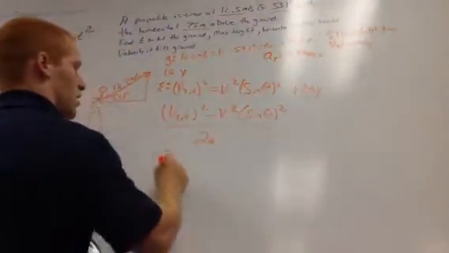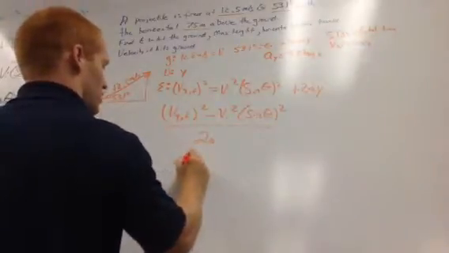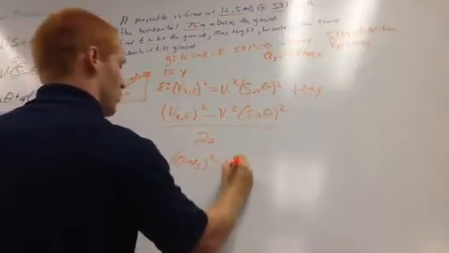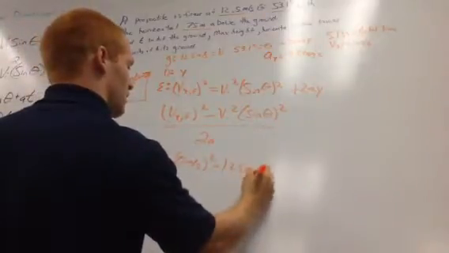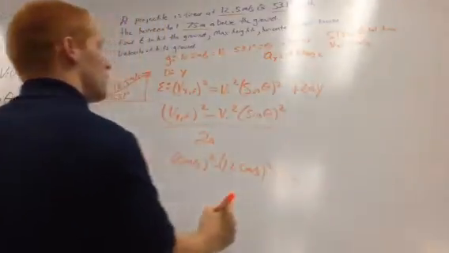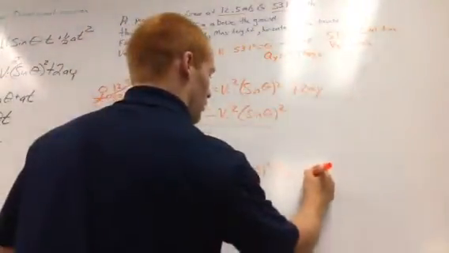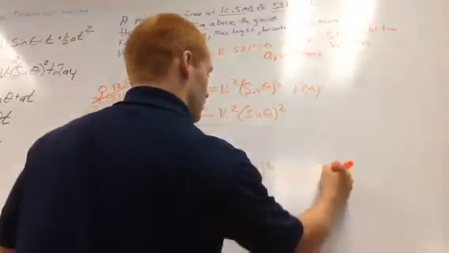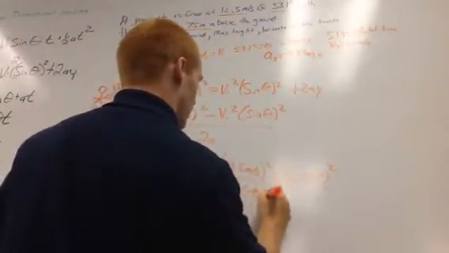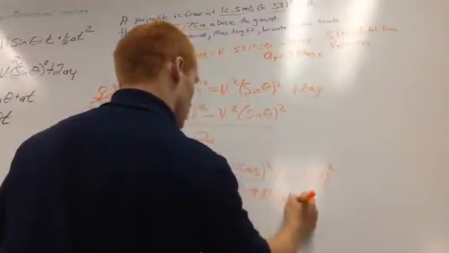From there, we just plug in VYF, so we're going to have 0 meters per second squared minus 12.5 meters per second squared sine 53.1 degrees squared divided by 2 times negative 9.81 meters per second squared.